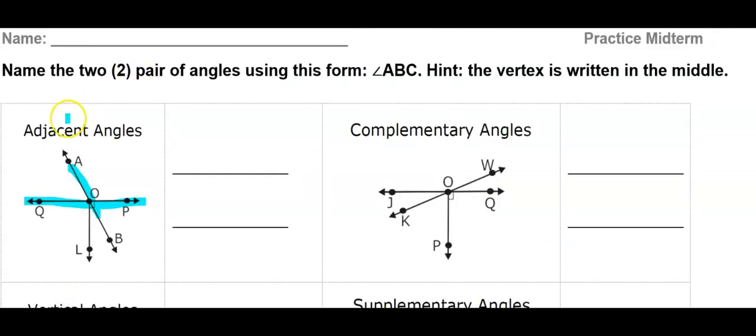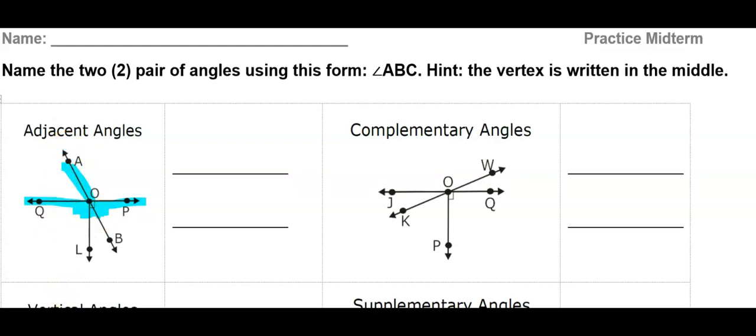Now we're going to represent angles, whether adjacent, complementary, and down below we have vertical and supplementary. For adjacent, remember that when 2 angles are created, there is an arm that is shared.